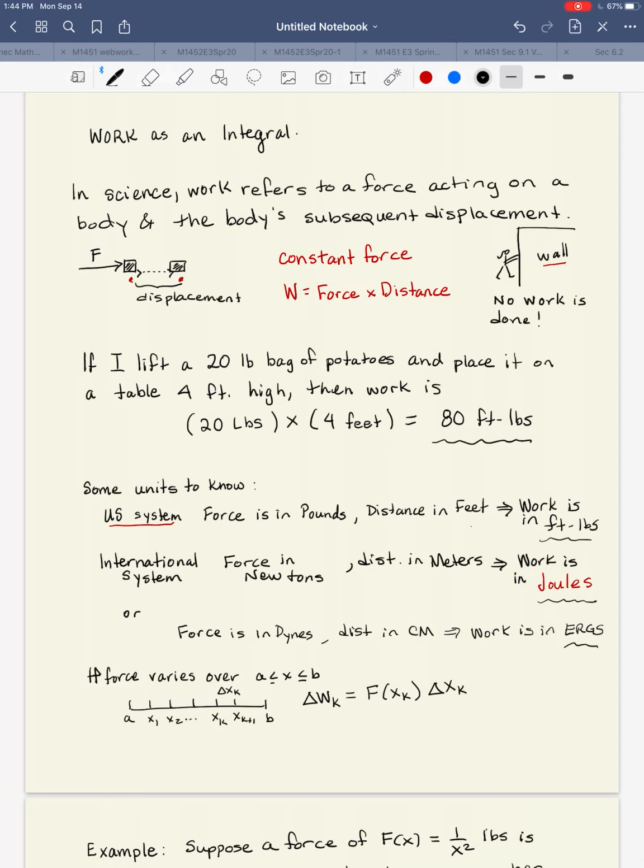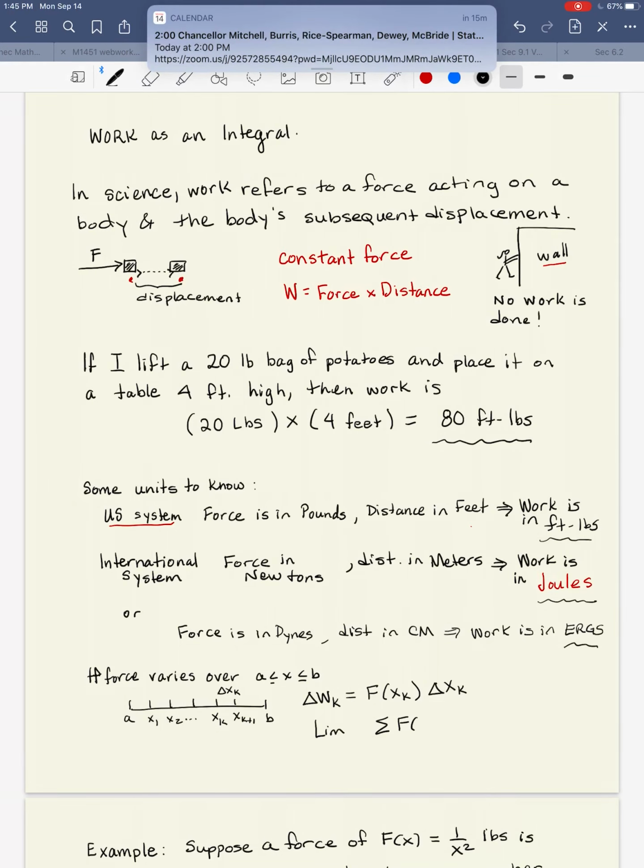And we do that over each subinterval so that when we form this Riemann sum where I add up little pieces of force on little tiny intervals from k equals 1 to n, and let n go to infinity so that the delta x_k's go to 0, then we recognize that Riemann sum as giving us a definite integral.